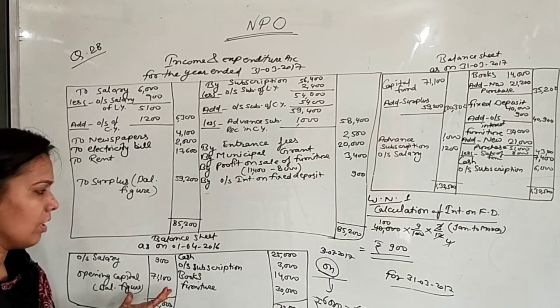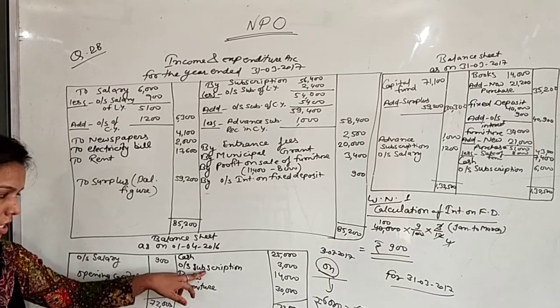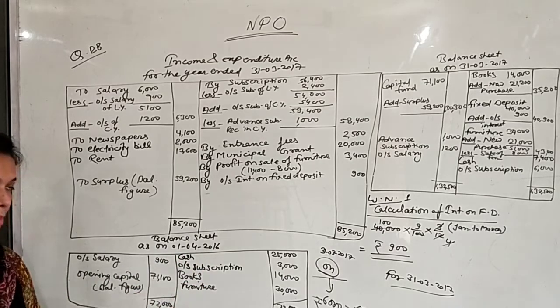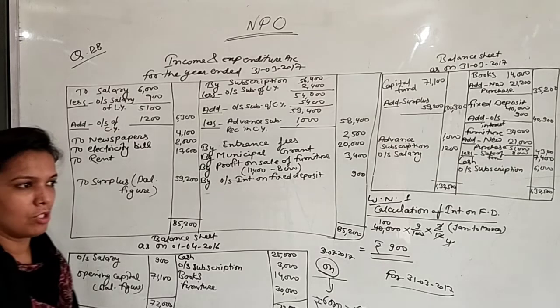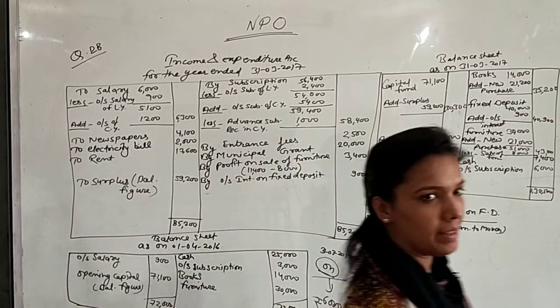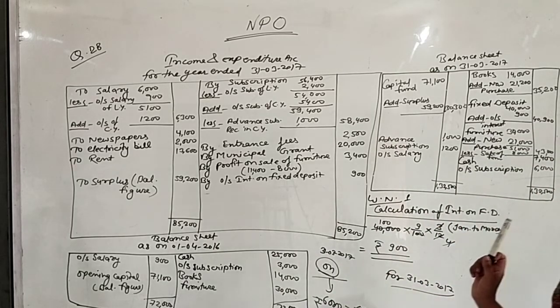In the same way, in the opening balance sheet you can see cash, outstanding subscription. This is liquidity order, because first I am writing the current assets. In the same way, on the liability side, first outstanding salary, then capital. So whether you follow liquidity order or permanence order, it should be on both sides. Then it will be the correct figure.